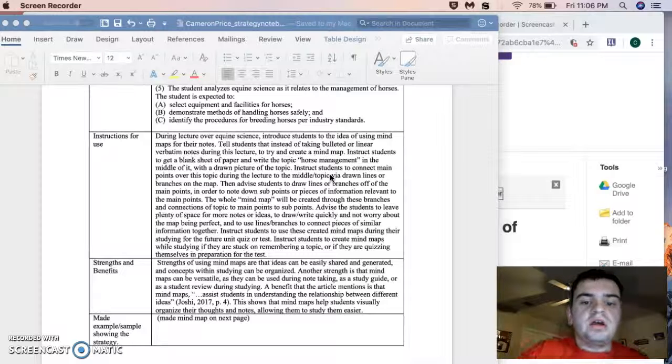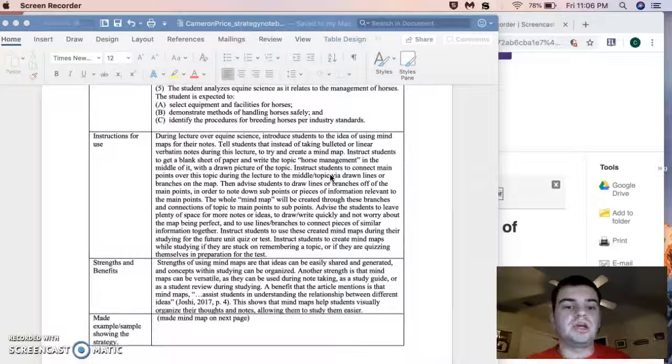And then you're going to tell the students that, as you as a teacher lecture, tell the students to connect the main points over the topic to the middle using lines or little branches that they draw. So the main ideas of the lecture PowerPoint are going to be drawn to the middle.